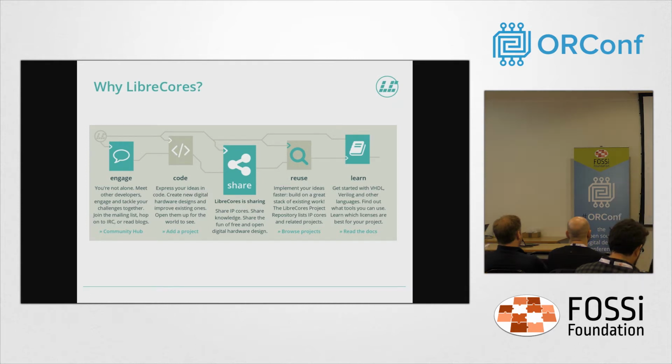Reuse is what made the industry really strong with IP that you can buy and know that it works. But in the open source IP world, I think we still have a long way to go to make this reuse easier and more feasible. So that's one of the goals of LibreCores.